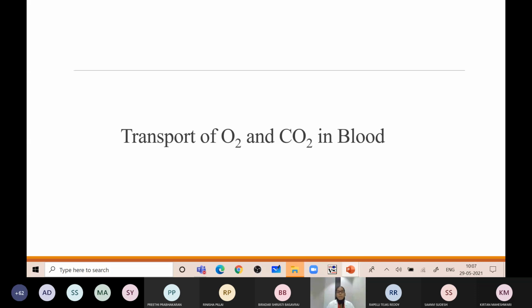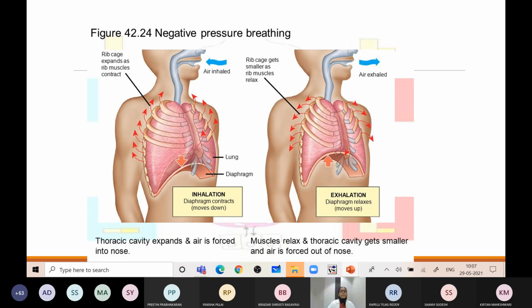This is done mainly by the blood, some amount in the plasma and more amount in the hemoglobin. So this is what you are going to learn in today's class, how oxygen is carried from lungs to each and every cell of our tissues, and how carbon dioxide is carried from cells and tissues to the lungs.